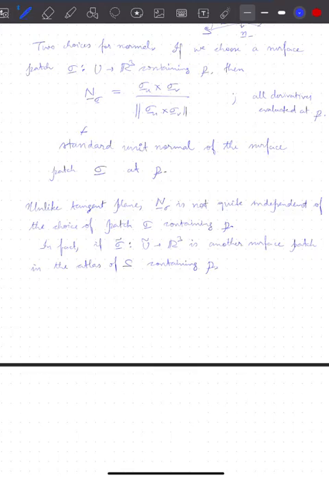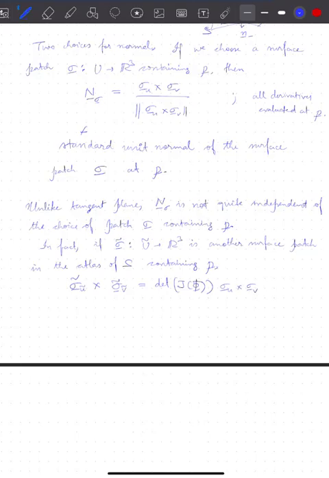Then what we have is that we had seen that sigma tilde_u tilde cross sigma tilde_v tilde is equal to the determinant of the Jacobian of phi times sigma_u cross sigma_v.